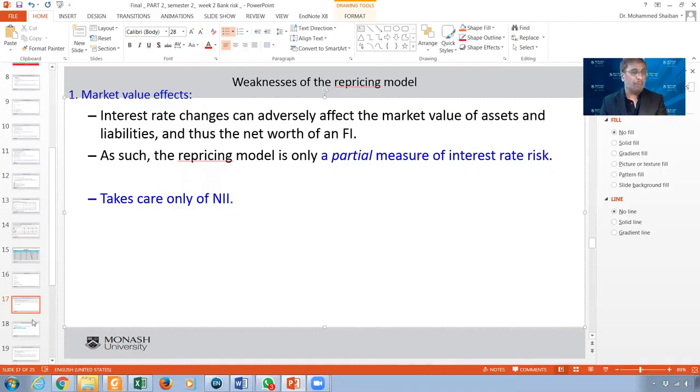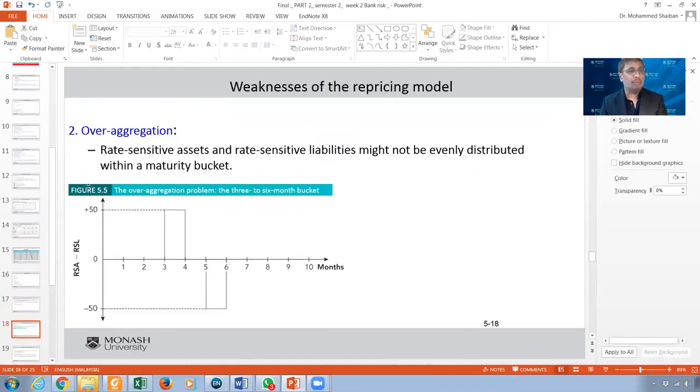Okay. The second thing is they say over aggregation. Look, when you look at the buckets, for example, this bucket is from month 1 to 6. Actually, we assume, for example, you are calculating in the bank, the ones within this bucket is actually 0 according to this. Because in week 1 there is nothing, week 2 there is nothing.